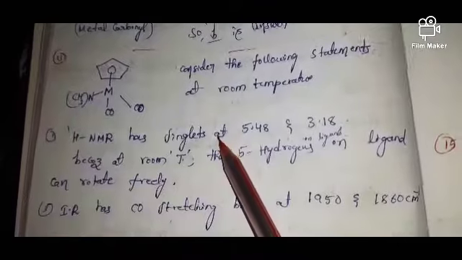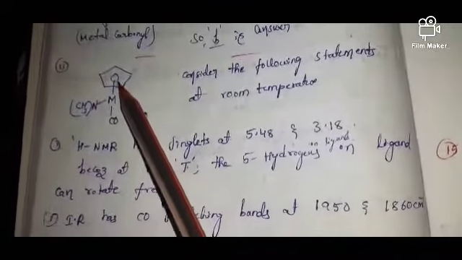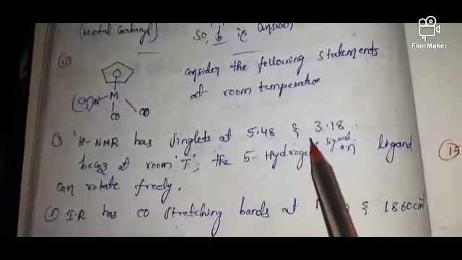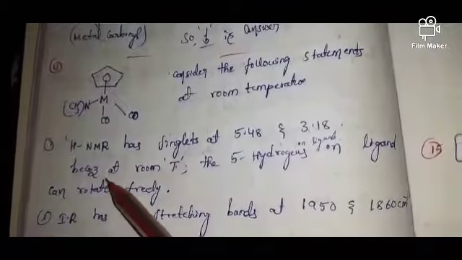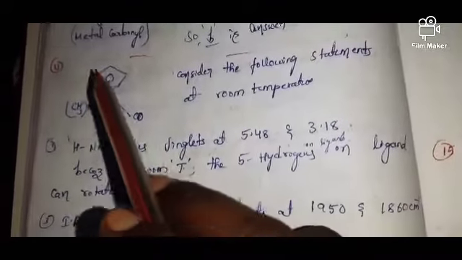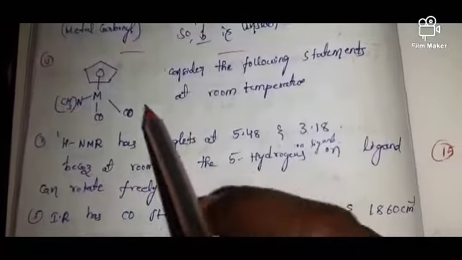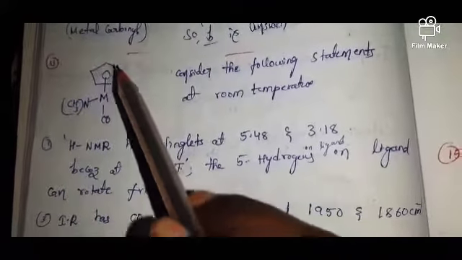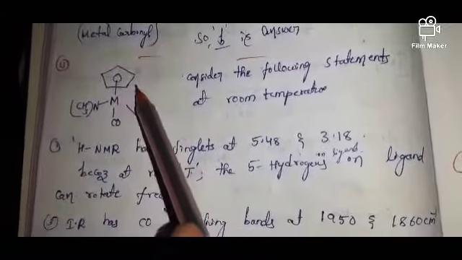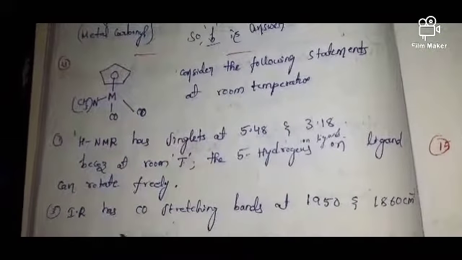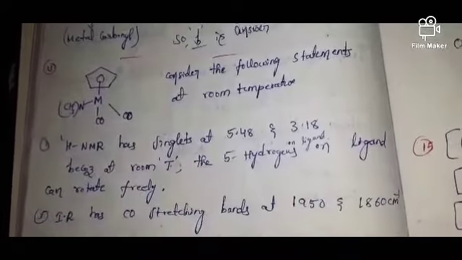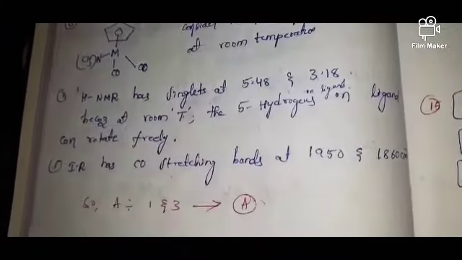Proton NMR has singlets at 5.48 and 3.18, because at room temperature the 5 hydrogens on the ligand can rotate freely. Next, IR has carbonyl stretching bands at 1950 and 1860 cm⁻¹.